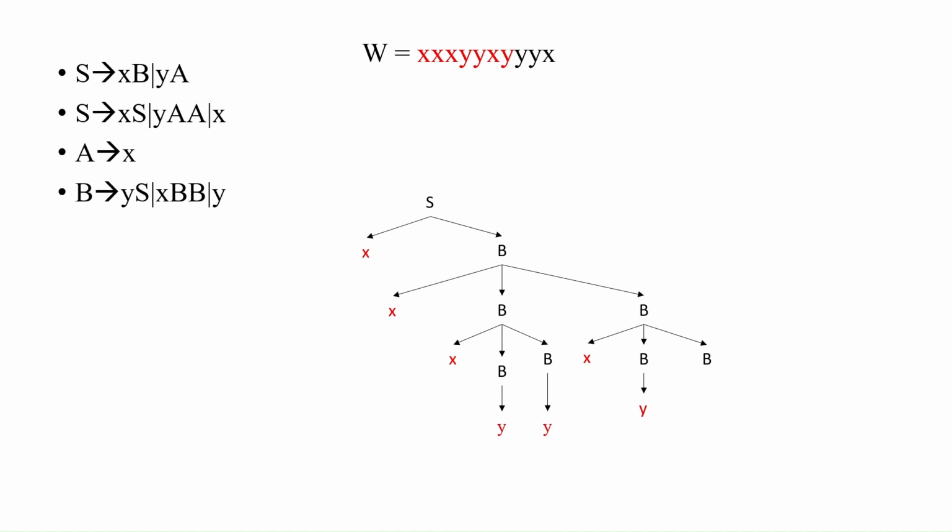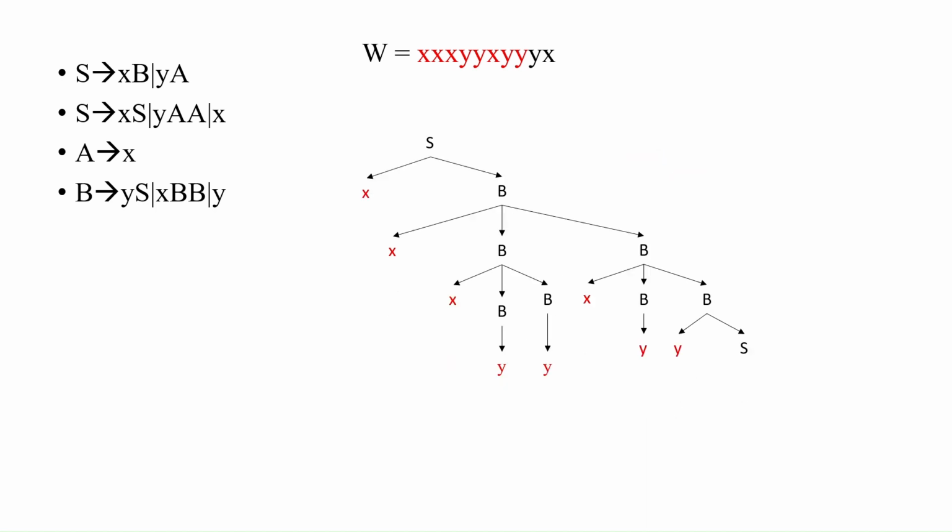The 8th character is Y. The non-terminal left here is B, so we have to write B as starting with the terminal Y, followed by any non-terminal. For that I am choosing the production rule B can be written as YS. This is the representation. Here, totally 8 characters are completed.